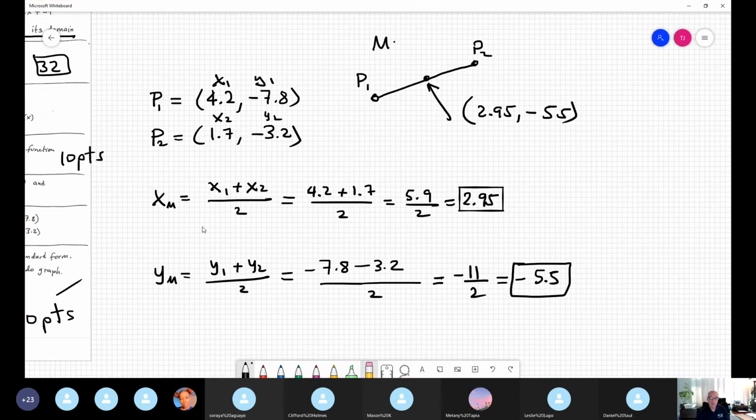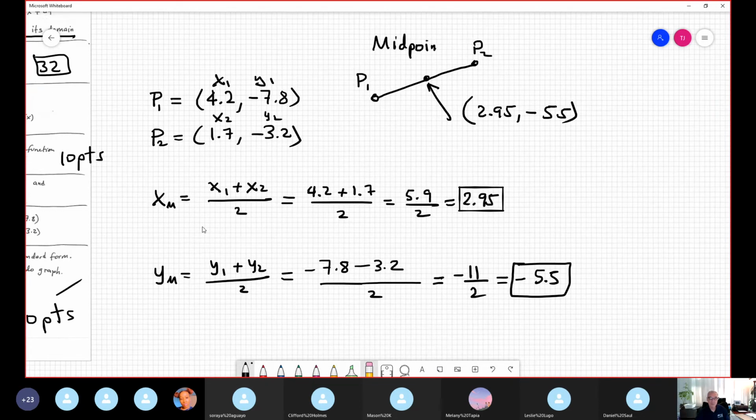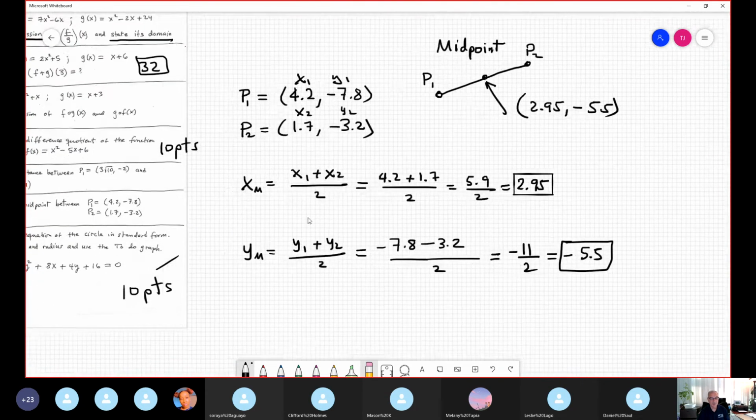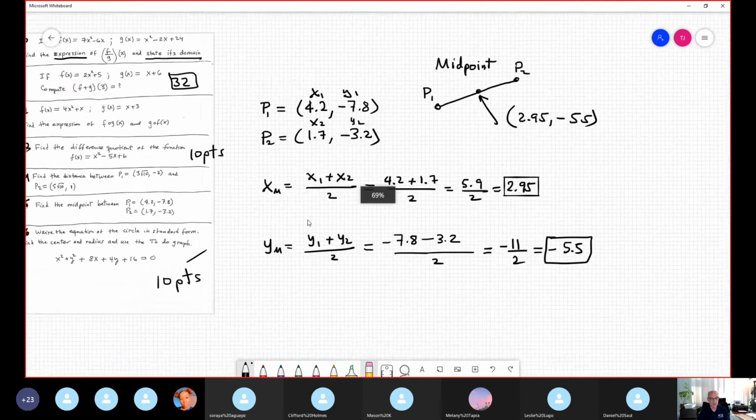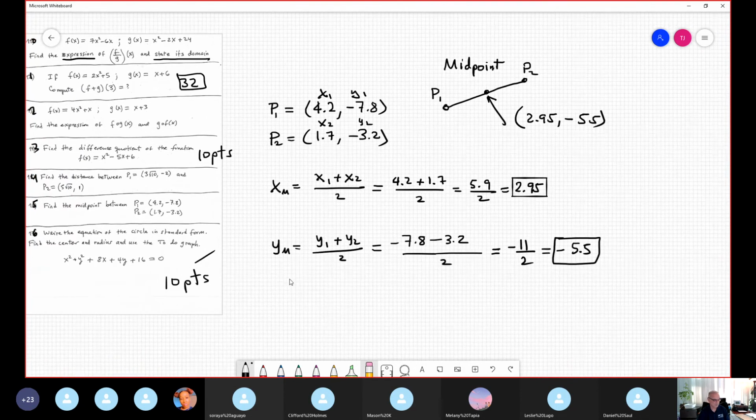Any question? Formula of the distance, formula of the midpoint: one question each in the test. Easy, piece of cake. Let me know if I am wrong.